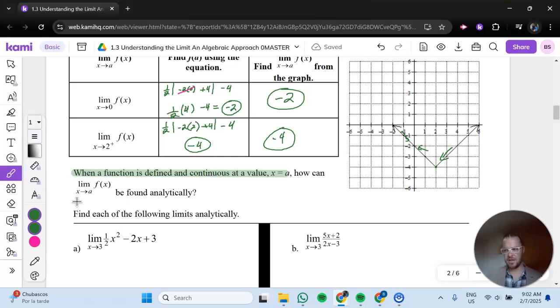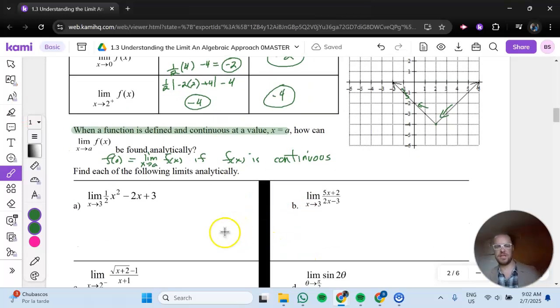If it is, well, then that means that, not a lot of room here, but we'll write it in, f of a is going to be equal to the limit as x approaches a of f of x if f of x is continuous. And obviously, if it's continuous, it's defined, right? So it can't be continuous and not defined. That doesn't make any sense.